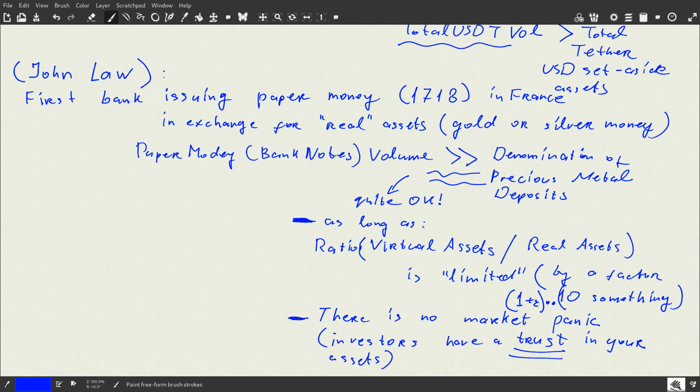Yes, if you want, you can freely convert your USDT to USD, but it doesn't happen that all USDT traders convert their USDTs into USD at once. With the ratio of USDT volume to USD volume being limited, it is not exactly equal to 1, but it is not 1000 either.